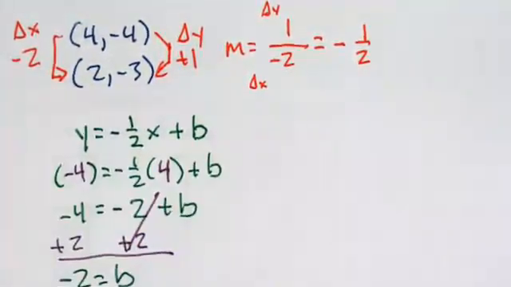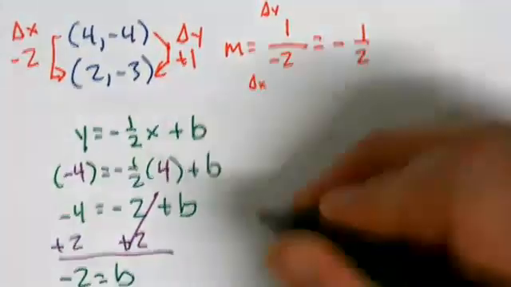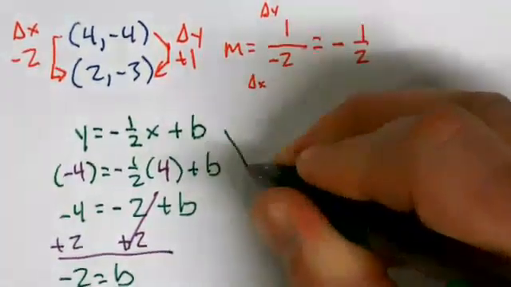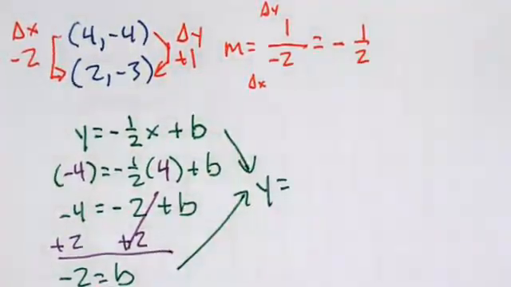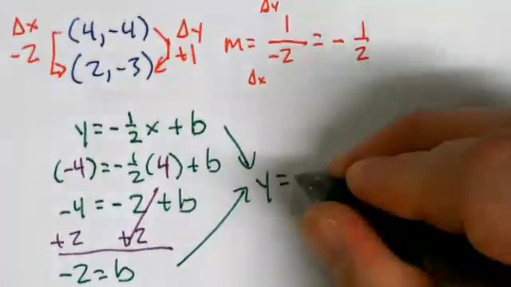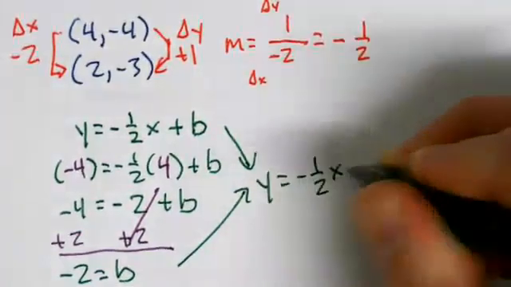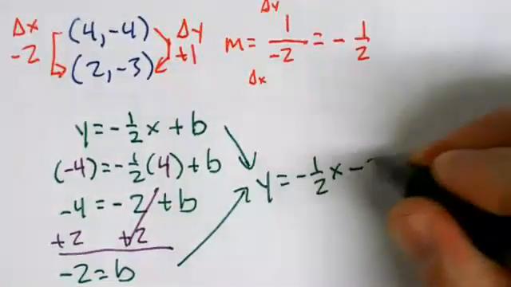We've got b all by itself now, so we can write our final equation. Y equals -1/2 x plus -2, which is the same as -2.